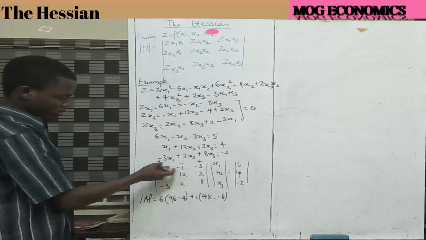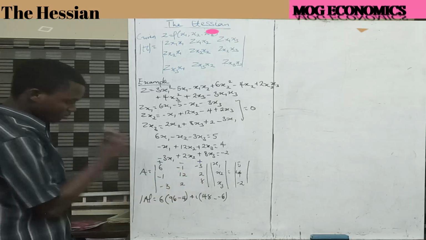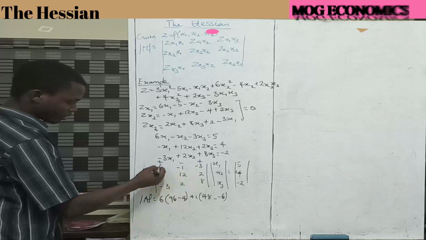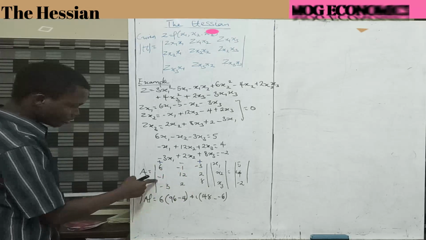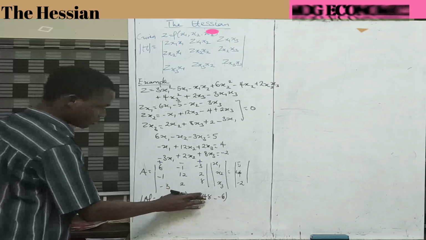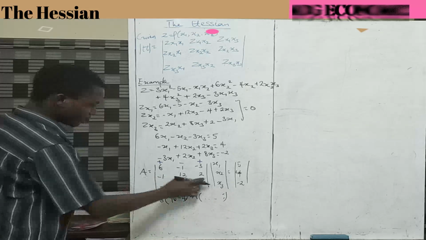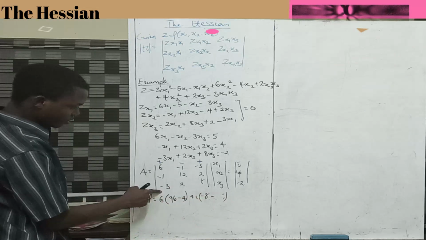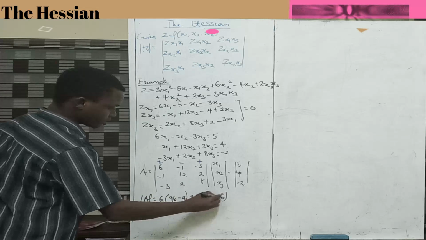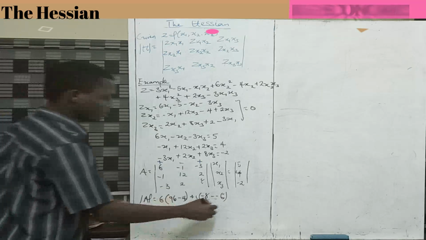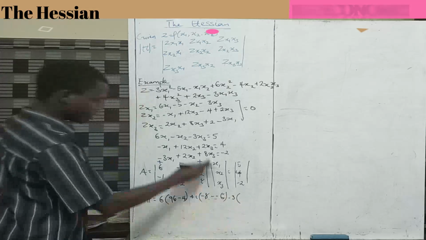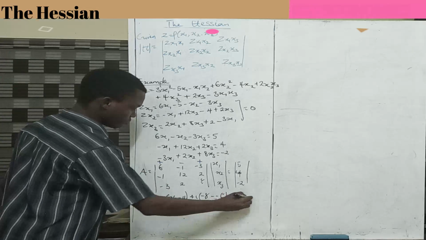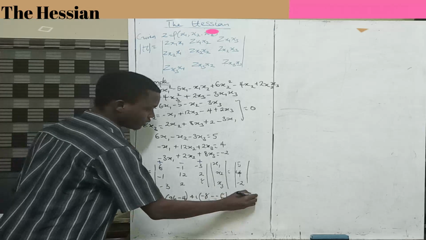Okay, this takes away this, so we are left with minus 1 times 8, which is minus 8. Then minus 3 times 2, minus 6. Then here minus 3 into brackets: minus 1 times 2, that's minus 2, minus 3 times 12, minus 36.